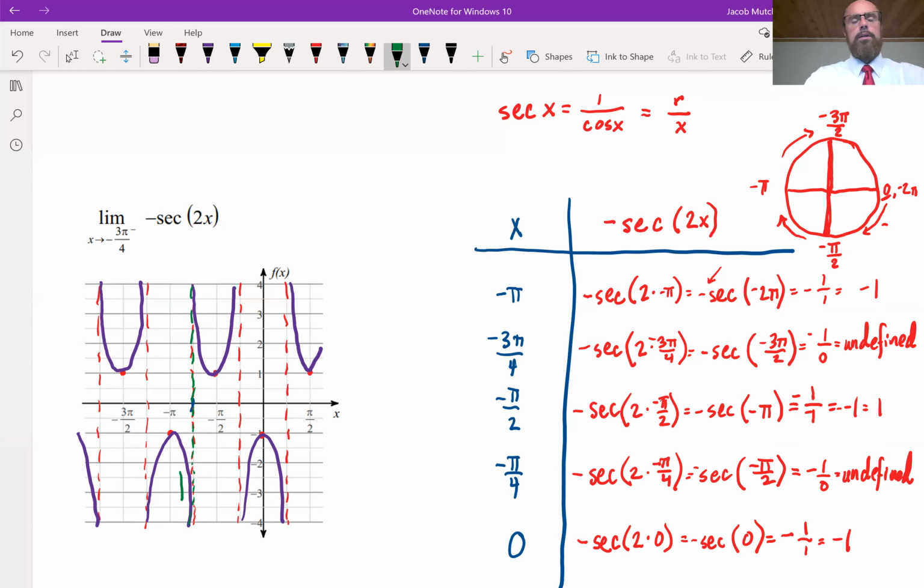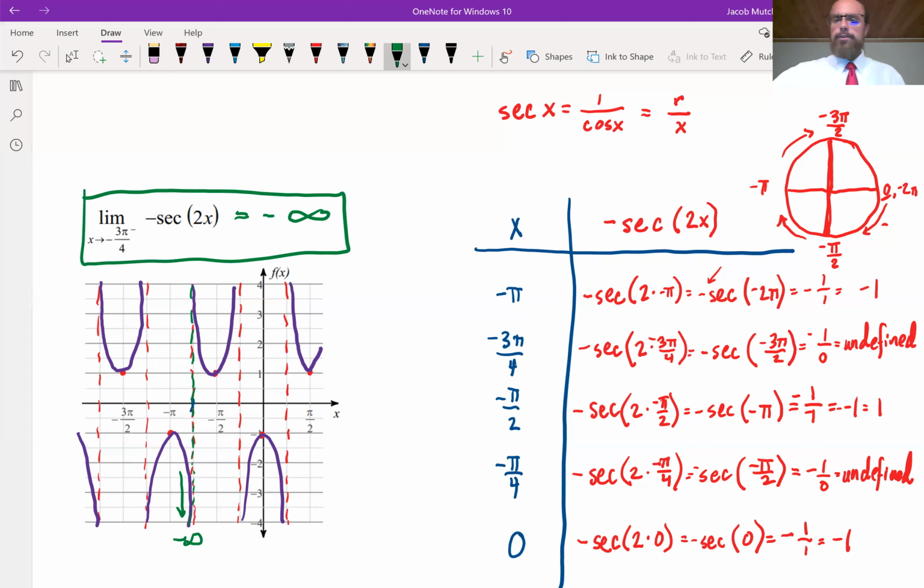So what we're looking at is the tendency of the y value of the negative secant of 2x on the left-hand side of negative 3 pi over 4. That's headed down infinitely, so it's headed to negative infinity, and we can make the claim that the limit as x approaches negative 3 pi over 4 from the left of negative secant of 2x is negative infinity. Let's box that.